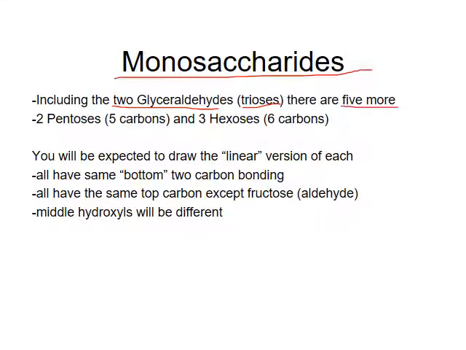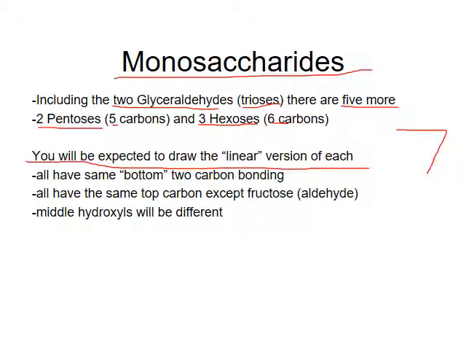But there's 5 more that we're going to learn. There's 2 pentoses, that means they have 5 carbons, and there's 3 hexoses, 6 carbon. You're going to have to be able to draw all 7 of these. Yep. You're going to have to do that.